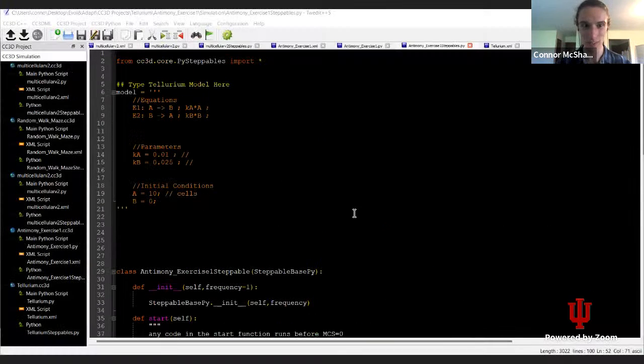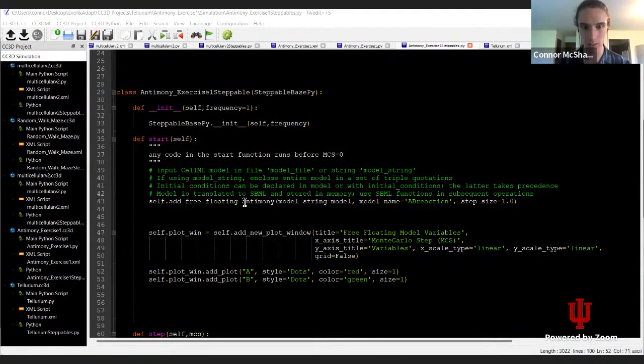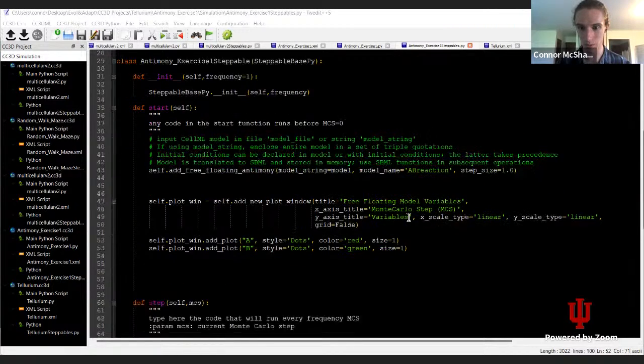Connor, what about you? Do you want to show yours? Yeah, that unfortunately was not my error, so I don't get to freeload off of that debugging. So I declared the model up here. And then here I have free floating antimony with the string being model and the name being AB reaction.